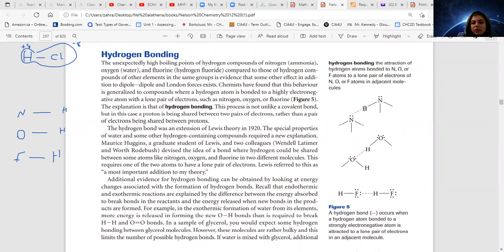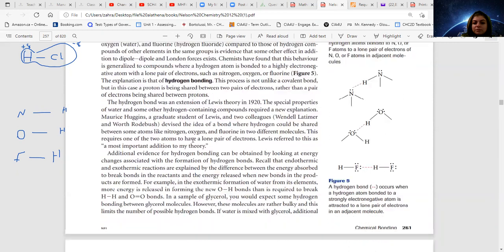In NH3, we have N bonded with hydrogen. So the N-H bond is polar, right? It has a partial negative and positive charge. The partially positive H will attract the N of the other molecule. So between the hydrogen and this N there will be hydrogen bonding. H2O, between the hydrogen and the oxygen of the other molecule, there is hydrogen bonding. HF, between hydrogen and the F of the other molecule, that will be hydrogen bonding. Hydrogen bonding is stronger than London force and stronger than dipole force.